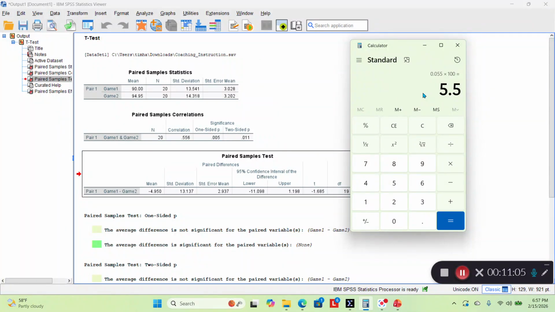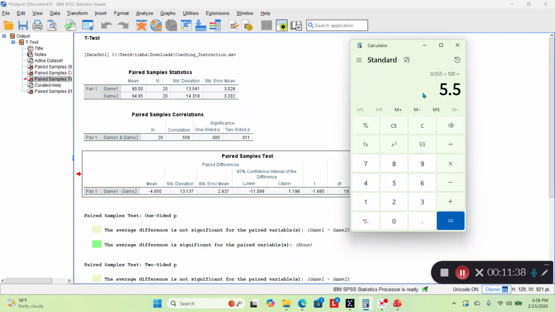Okay, there was a statistically significant difference between pre-instruction scores, which was a 90 for the mean, with a standard deviation of 13.541, and our post-instruction scores, which was a 94.95 with a standard deviation of 14.318.